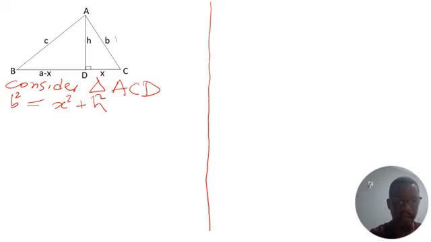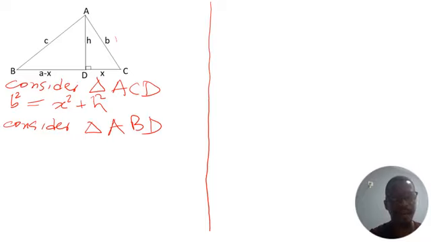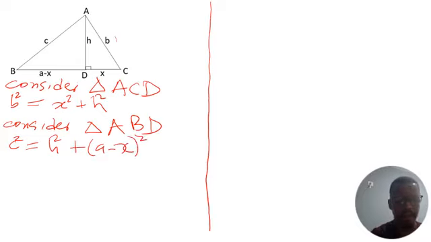Okay, now if we consider the other triangle, consider now triangle ABD. If we consider that triangle, you will find out that for you to find the length C, you also use Pythagoras theorem. In this case, it will be C squared will be equal to H squared, okay, plus, in this case, A minus X squared. Okay, we can say that's equation 1.